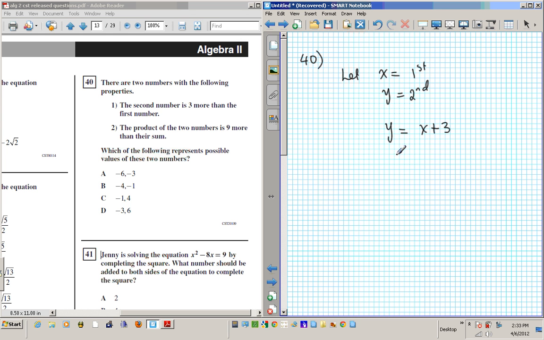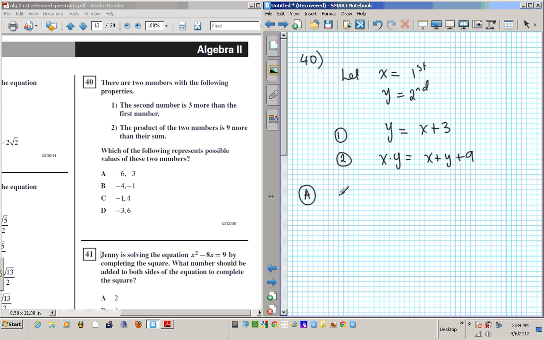And then the product of the two is x times y, which is 9 more than your sum, so x times y equals x plus y plus 9. This is how these two statements can be expressed in algebraic form. So let's test these options to see which of them satisfy both. It has to satisfy both in order for it to work.